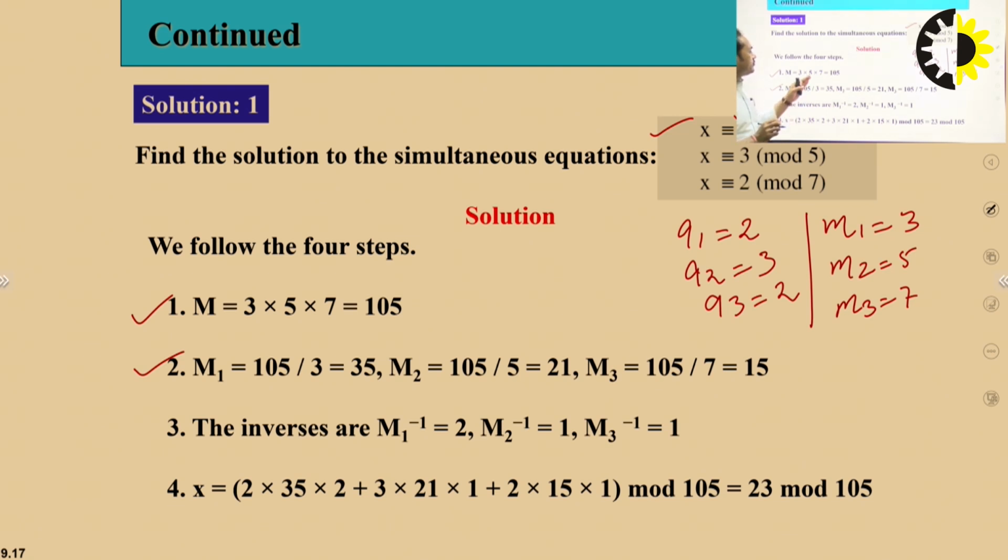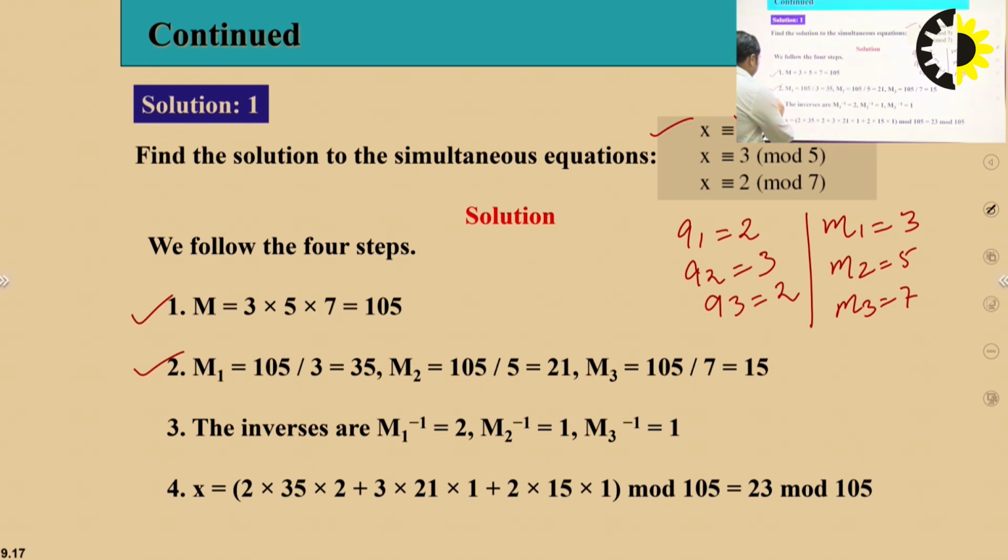So M is 105, m1 equals 3, so you can calculate the value of M1. Similarly, M2 equals 105 divided by m2, and M3 equals M divided by m3. So in the second section, you can easily calculate the values of M1, M2, M3.